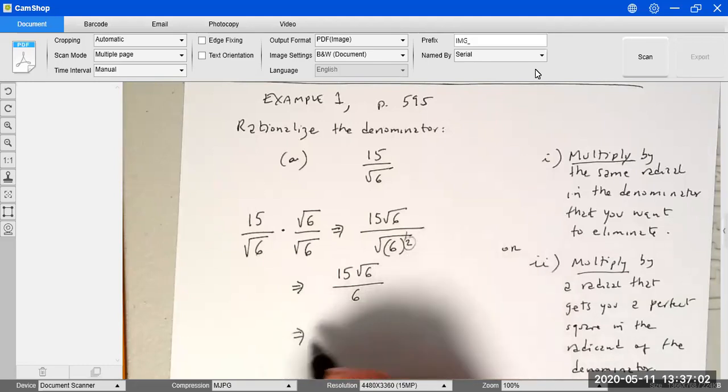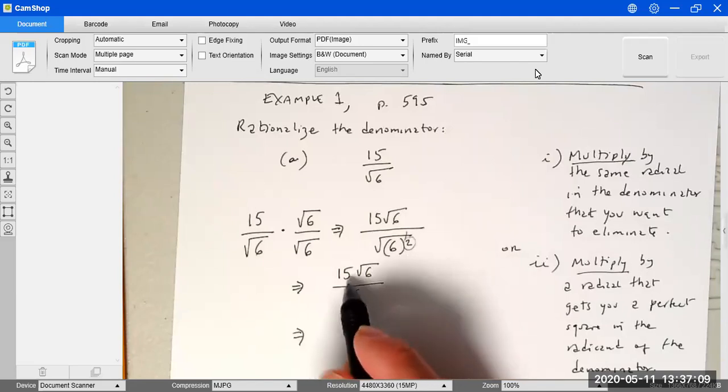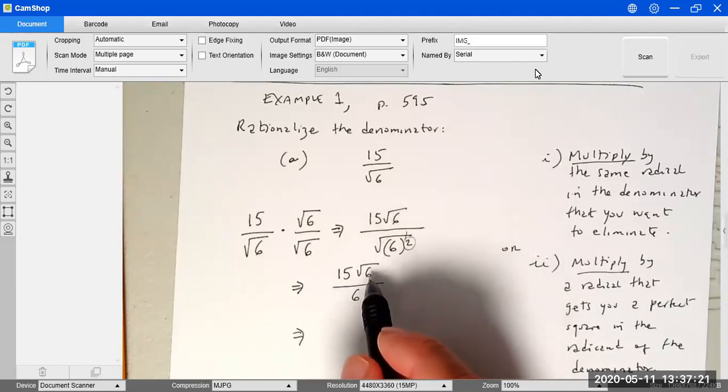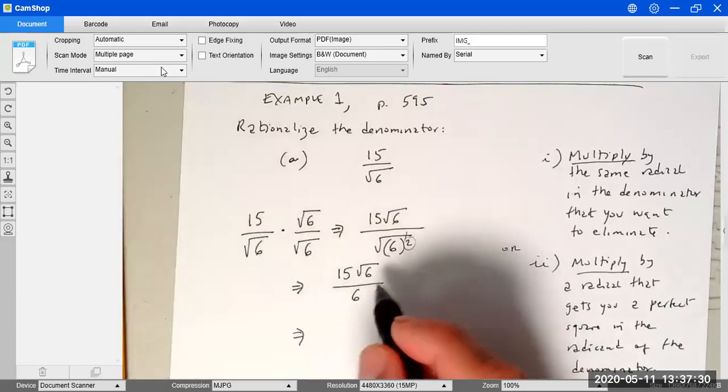Finally, we just need to simplify the fraction that results from that. You can divide both the numerator and the denominator by a quantity, but also you need to simplify the radical, because remember we can simplify radicals by factoring the radical.